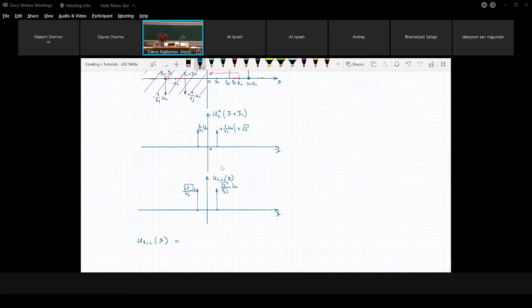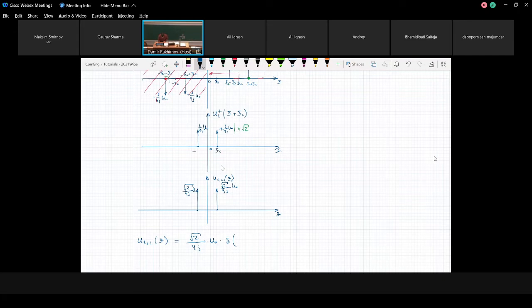Now we can write how our spectrum in the low pass range will look. We have square root of 2 divided by 4j times U0 times delta pulse. In the original spectrum, the frequency of the delta pulse was Fc plus Fs. Then we subtracted Fc. What is left? Fs.